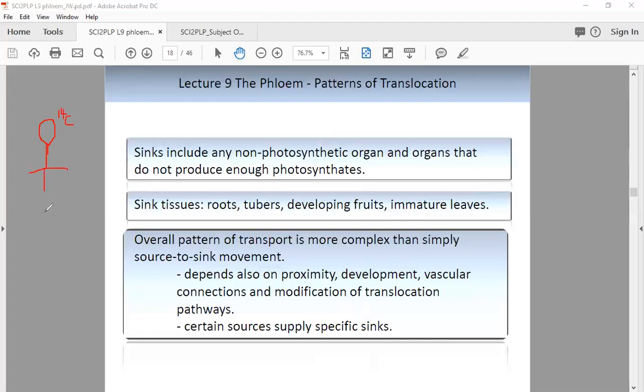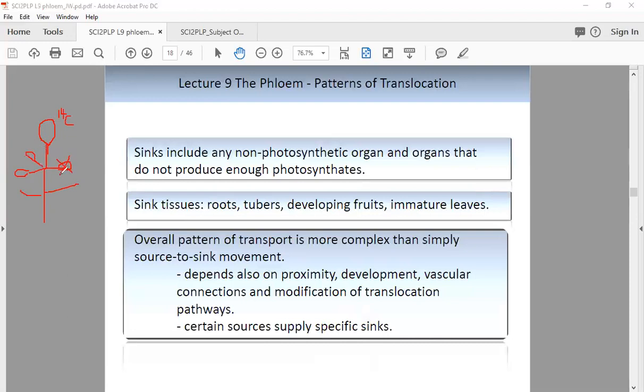I can't draw this very well at all. But what they found was that the carbon-14 from this leaf was translocated to new developing leaves on one side, just on one side.